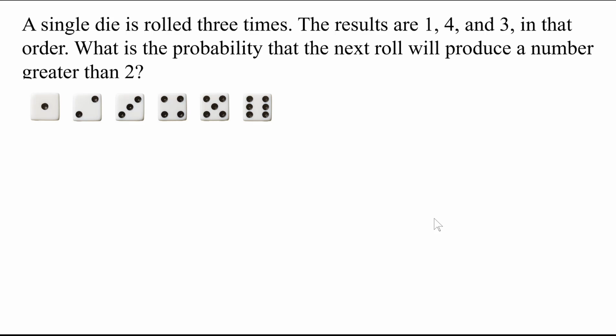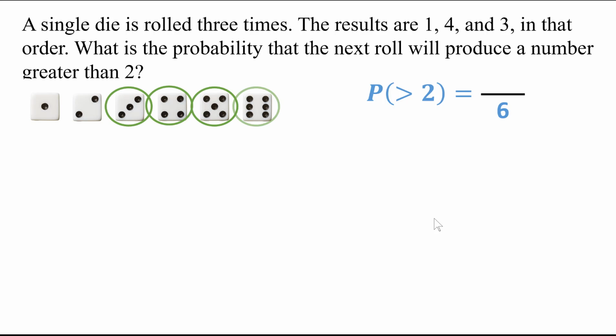There are 6 possible values you can get. So when we're talking about the probability of rolling a number greater than 2, we know that it's going to be over 6 because there are 6 possible outcomes. And that's what goes in the denominator of a probability, all the possible outcomes. The numbers greater than 2 that you could roll would be 3, 4, 5, and 6.